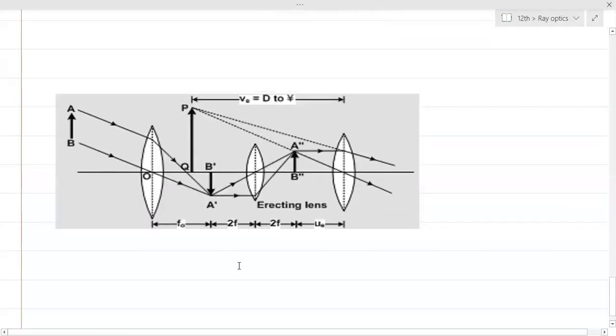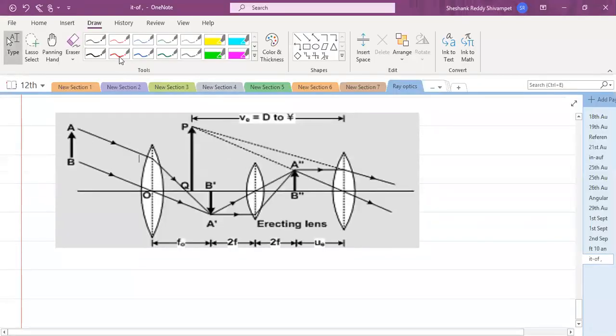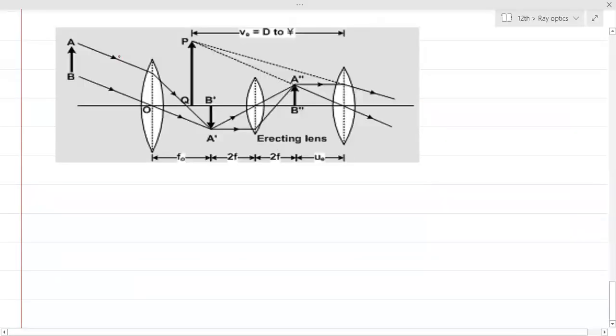Look at this. This is how we get an erect image. How many lenses do we use? We make use of 3 lenses. The first lens is the same. The final lens is acting as an eyepiece, a simple microscope, no issue there.